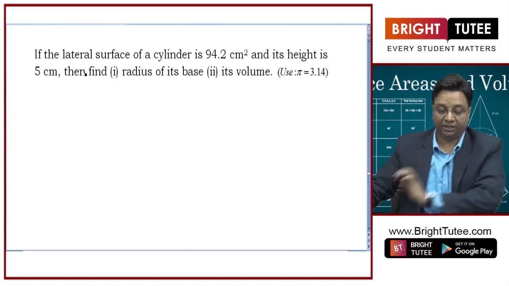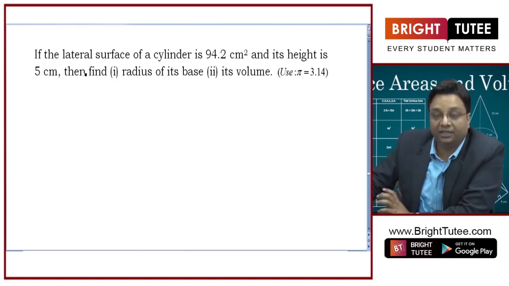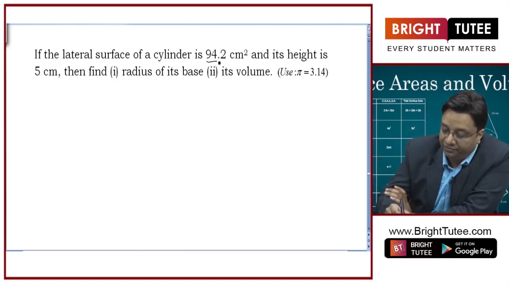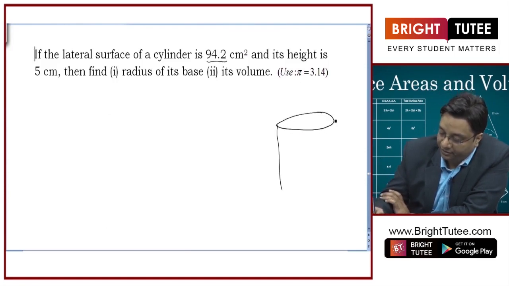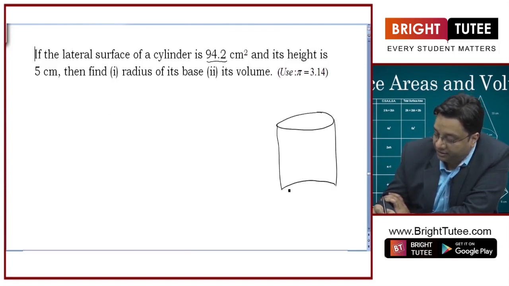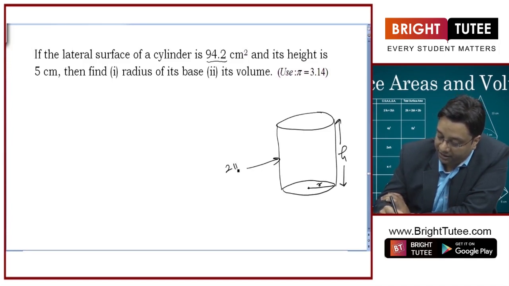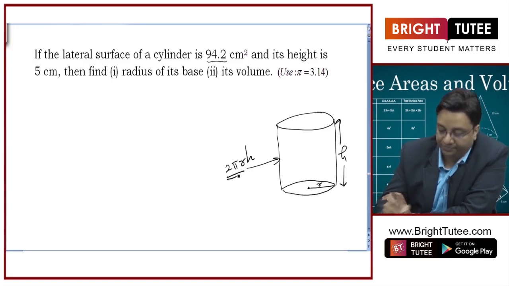Now this is an important question. If the lateral surface of a cylinder is 94.2 centimeter square, so the lateral surface area is given, that is this curved surface area. If its base radius is r and height is h, what is the curved surface area? It is 2 pi rh.